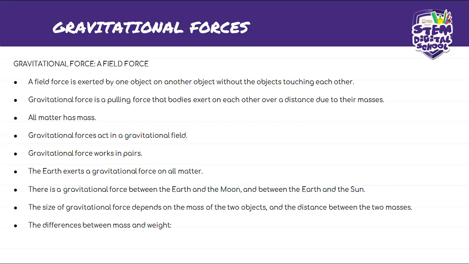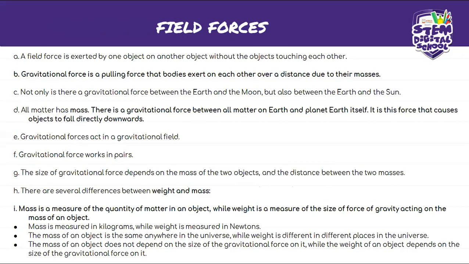All right. Now let's look at field forces. A typical example of a field force is a gravitational force. So we just looked at that. A field force is exerted by one object on another object without the objects touching.